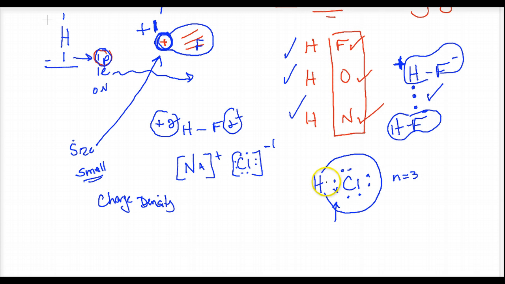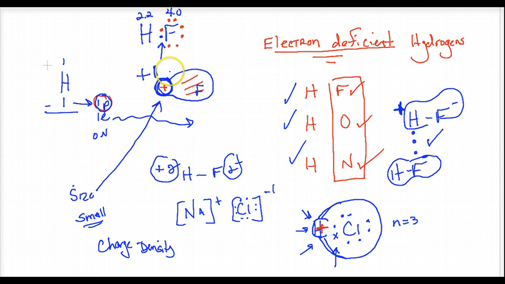Now you're still going to share electrons, but because of the size, it kind of limits the positive effect of the exposed proton. See, because the size of the chlorine is so big, it doesn't allow that electron deficient H to be exposed to attract to things as much as a smaller HF.